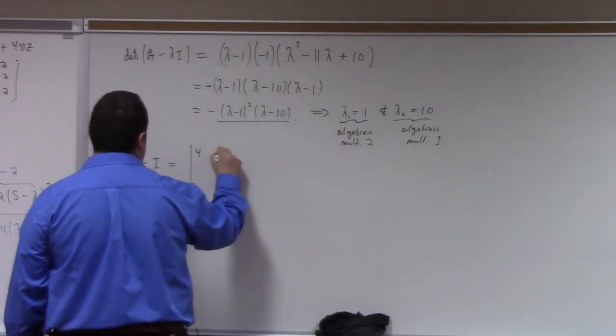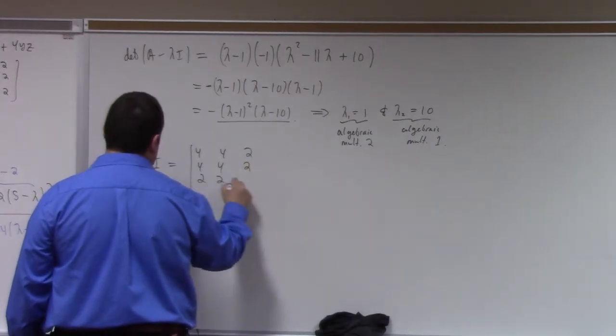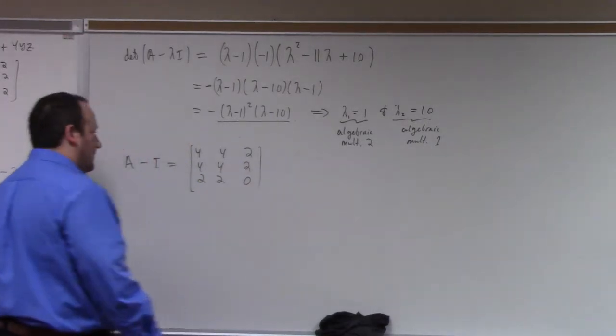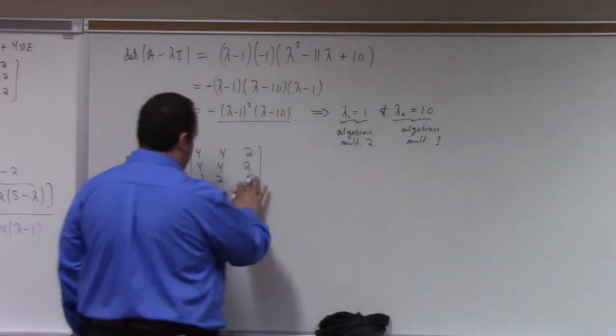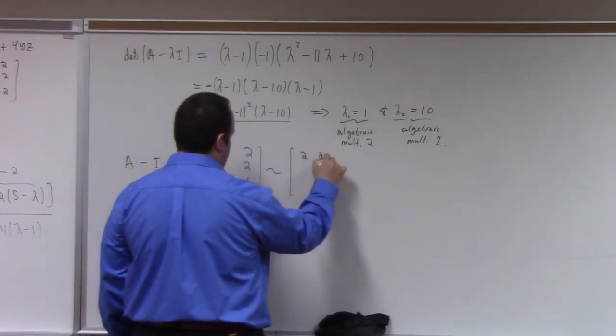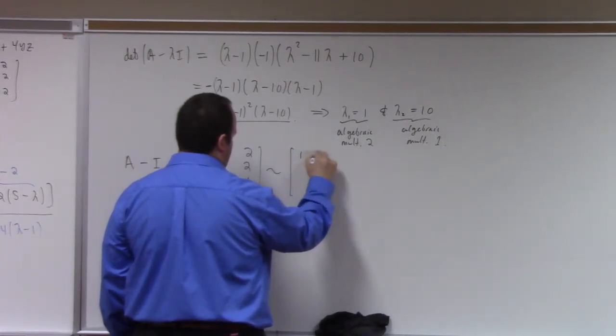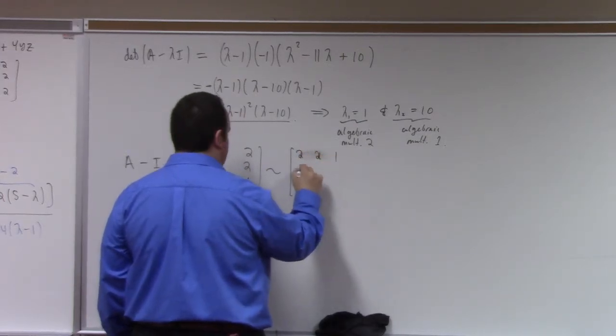You got yourself a 4, a 4, a 2, a 4, a 4, a 2, a 2, a 2, a 0. Not a 0, a what? A 1. Aha, so it's fairly clear that this is row equivalent to 1, 1 half, but let's keep 2, 2, 1 because it's just nicer.